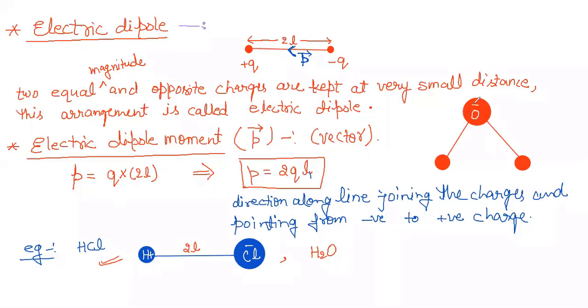Oxygen is negative charge, hydrogen is positive, and this is also positive.